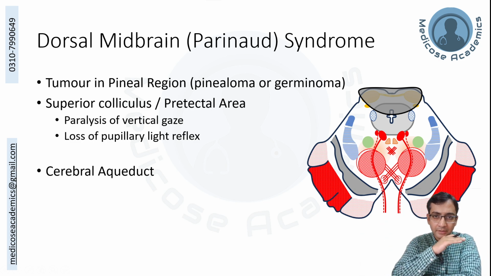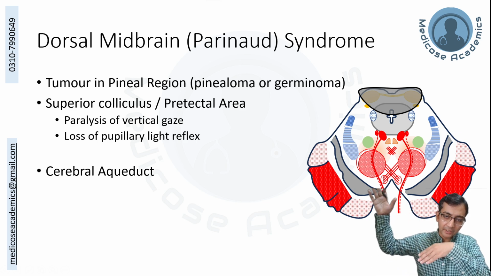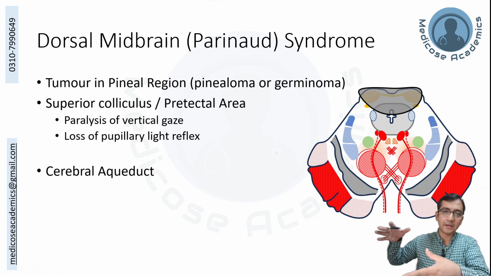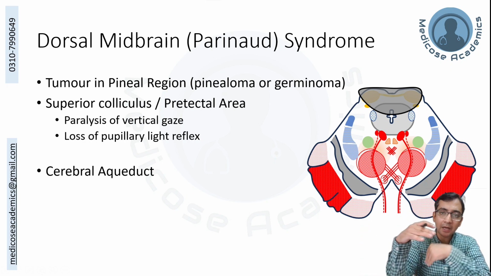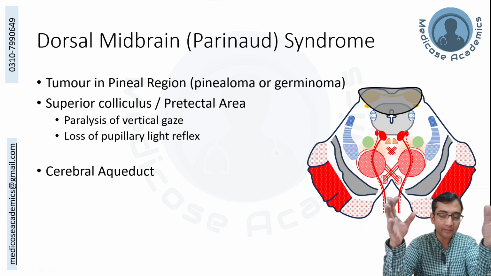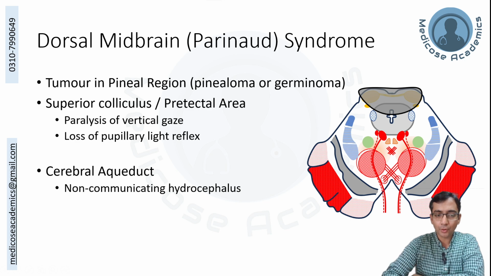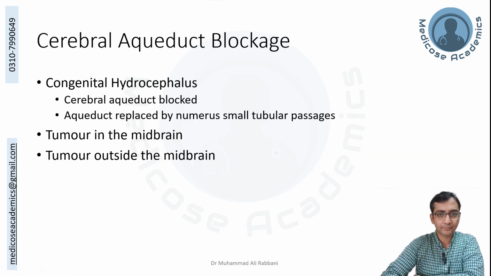So whenever there is a block at any part, the upstream where the fluid was coming from gets dilated. So in this case, the upstream is the third ventricle and lateral ventricle, so they will get dilated. So that is non-communicating hydrocephalus.